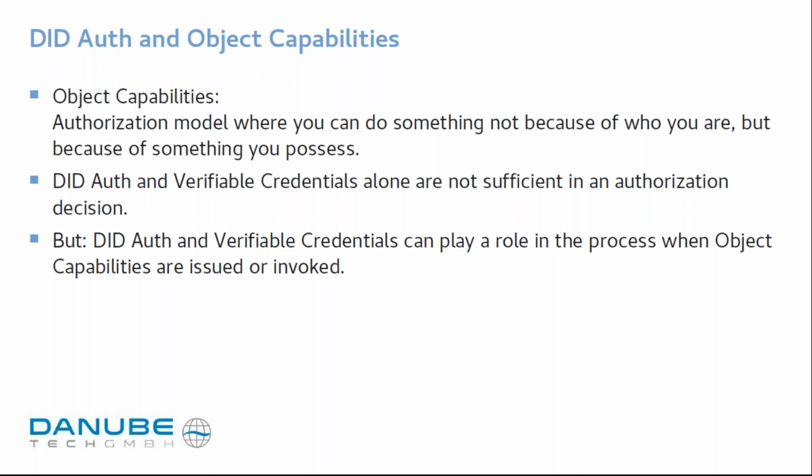But that's not really in scope of DID Auth itself. So DID Auth plays a role in proving who you are and plays a role in obtaining verifiable credentials and so on. But it's not really about permissioning. So just because you perform a DID Auth interaction, that alone, in this model at least, should not give you permissions directly.